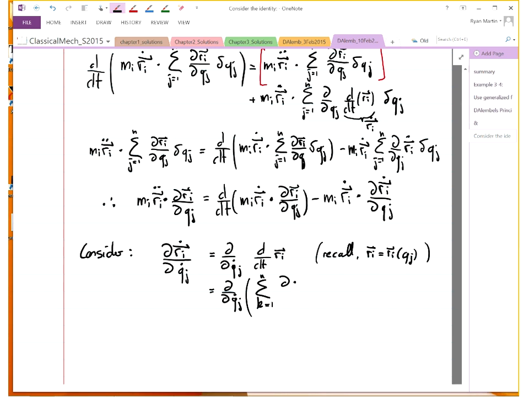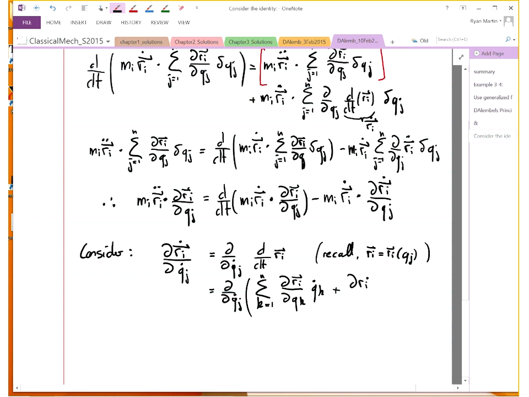So it's the sum from k equals 1 to lowercase n of ∂r_i vector by ∂q_k dot. So that's wrong in the notes. In the notes there's a j instead of a k there.